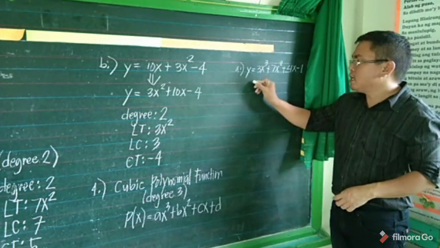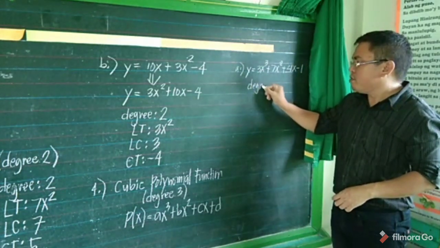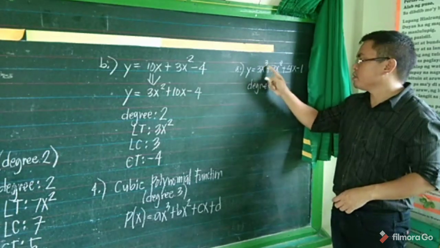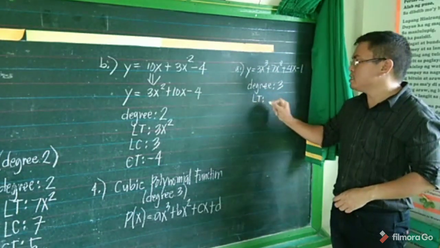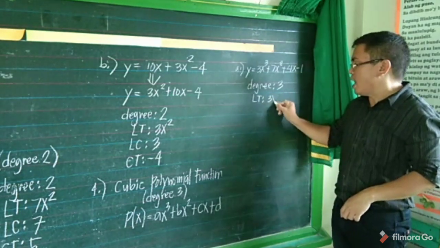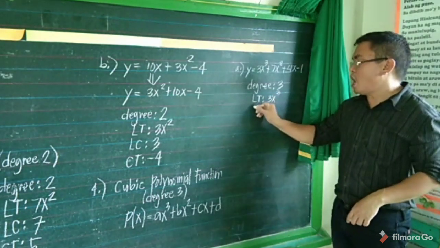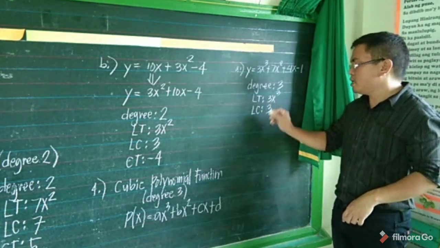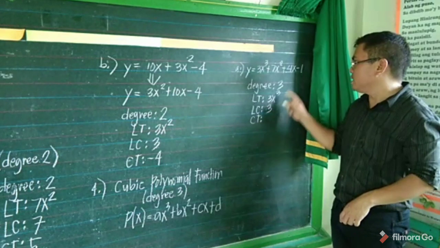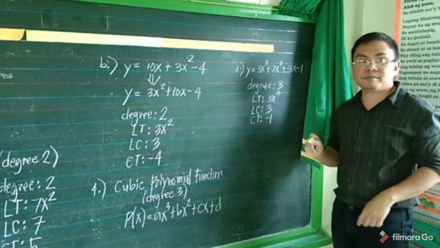So obviously, the degree in this example is 3. Our leading term is 3x cubed. Our leading coefficient is 3, and our constant term is negative 1.